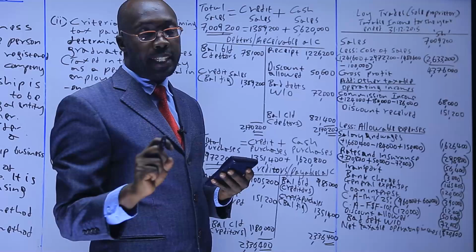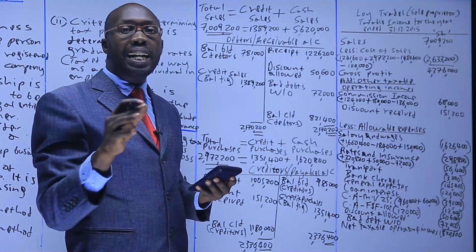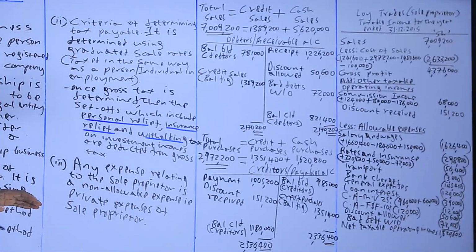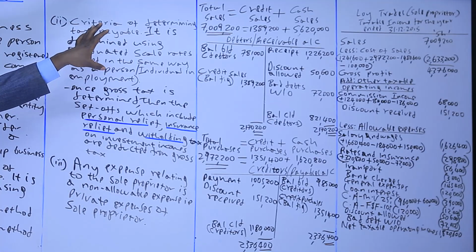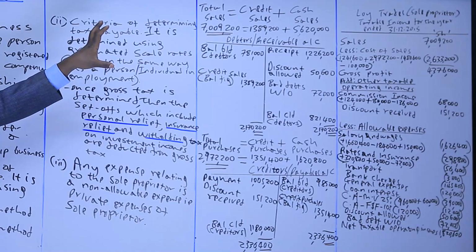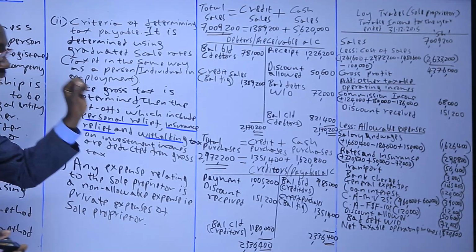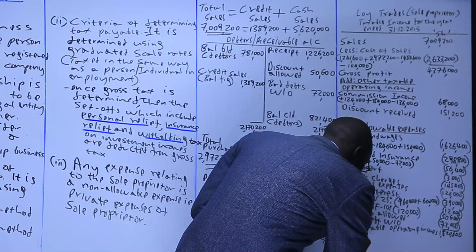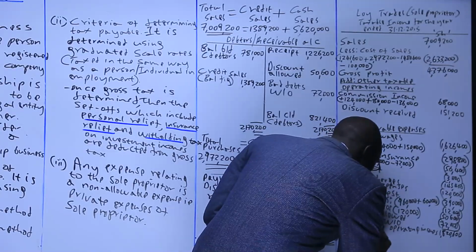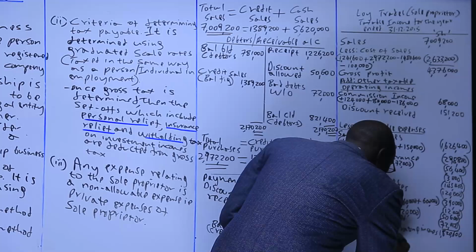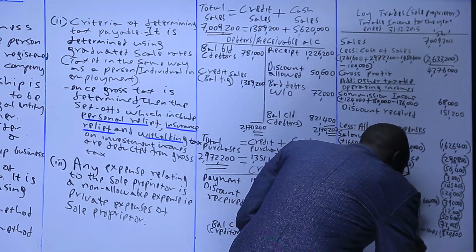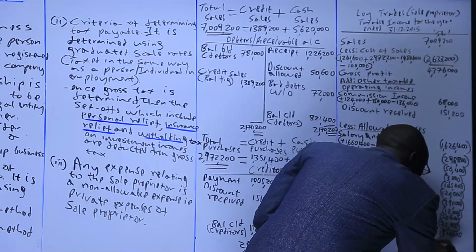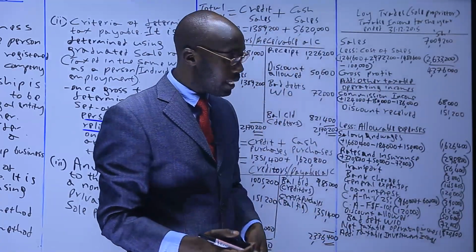So what we do is this. This being a sole proprietorship business, we had said earlier on, we tax the sole proprietor on his or her own income. So once you get the net taxable operating income, add taxable investment income.